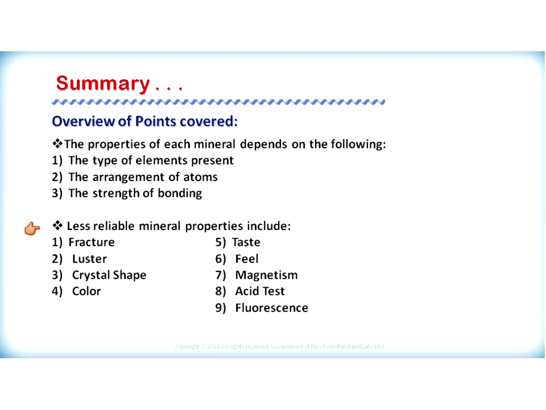When we look at some less reliable mineral properties, these properties can be used to identify certain minerals, but they're not consistent through all minerals. These properties are fracture, luster, crystal shape, color, taste, feel, magnetism, acid test, and fluorescence.